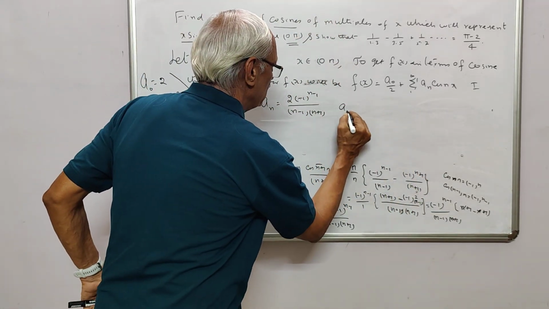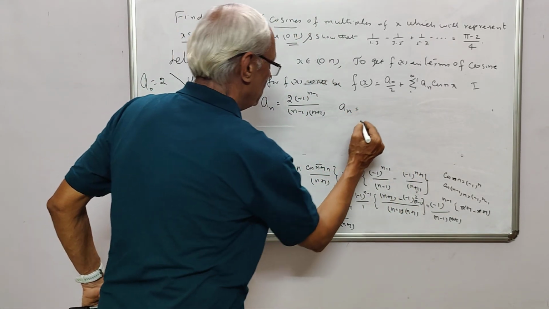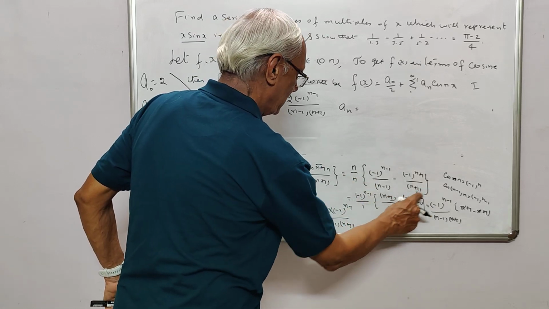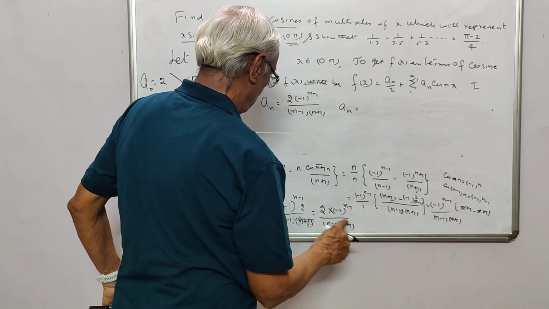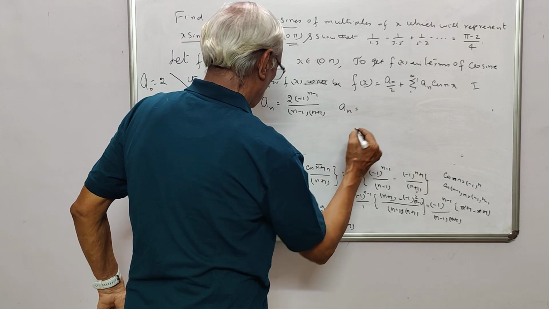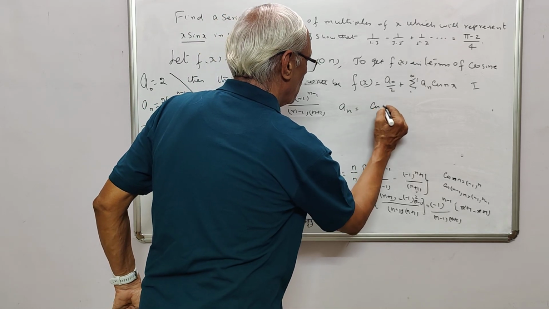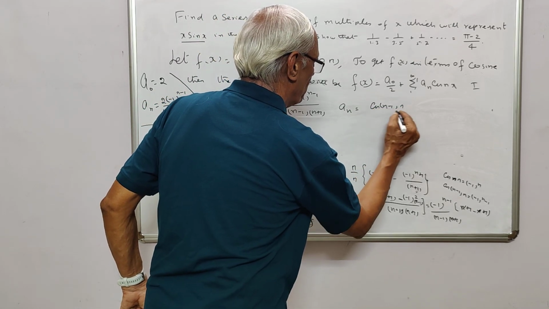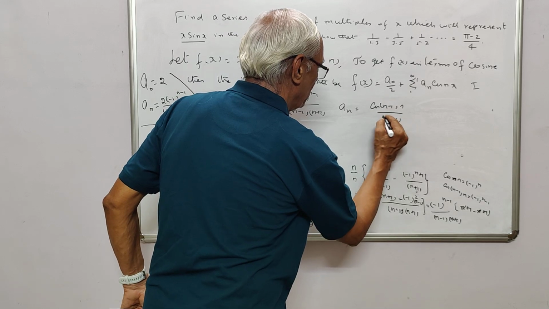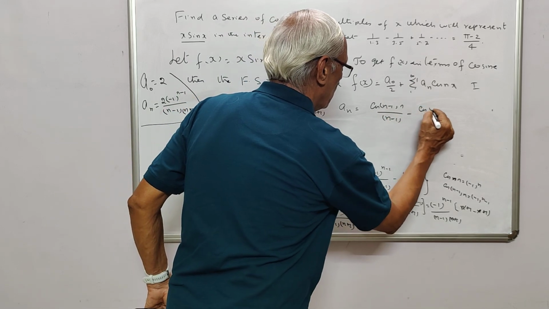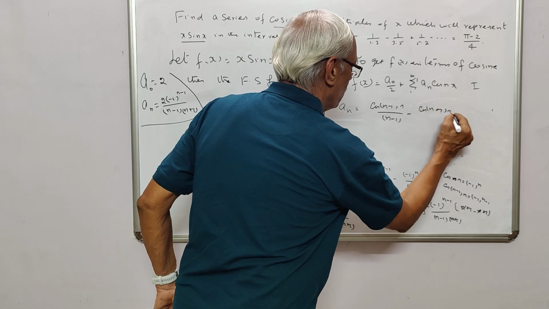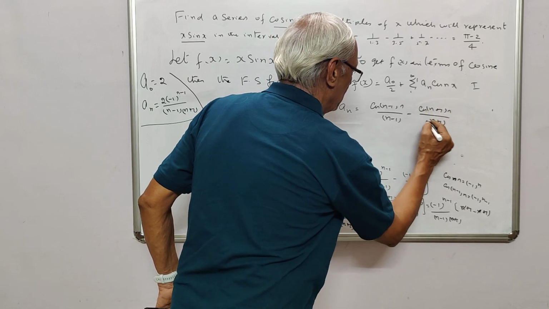See, we have got An is equal to, I have got this: the pi goes off. It is cos (n minus 1) pi divided by (n minus 1) minus cos (n plus 1) pi divided by (n plus 1).